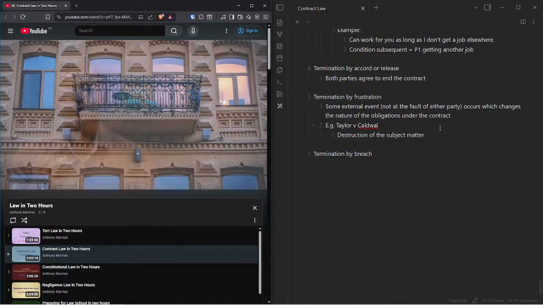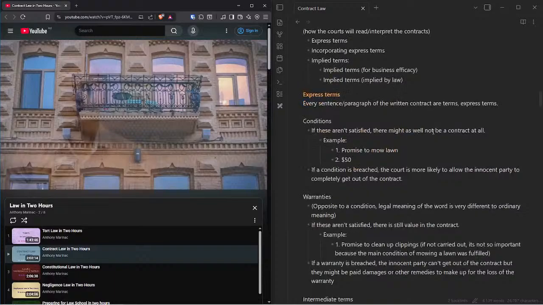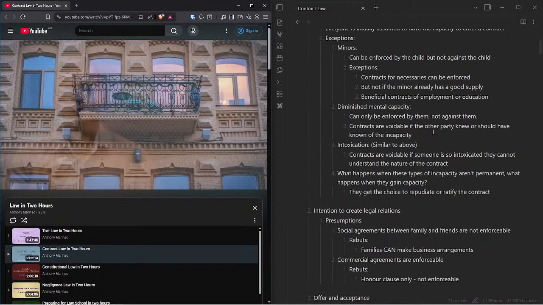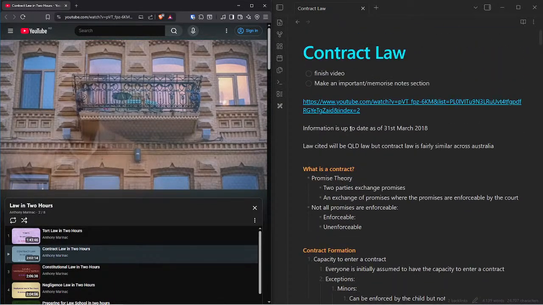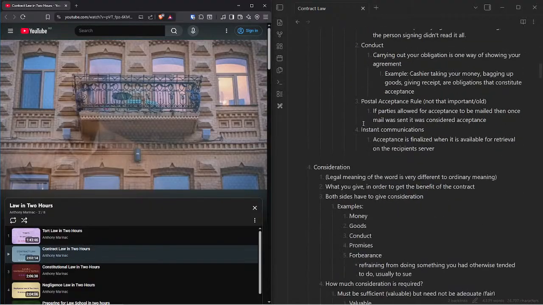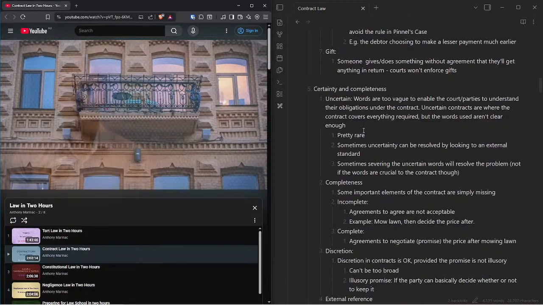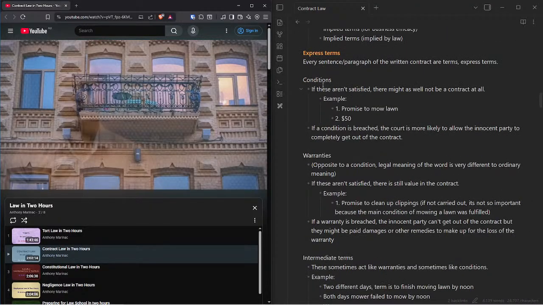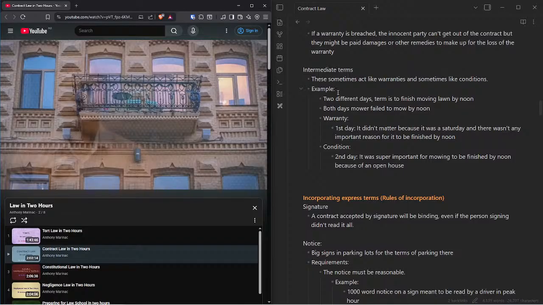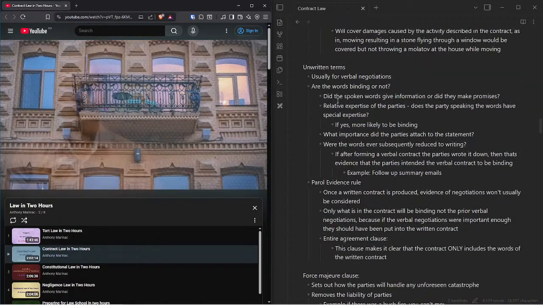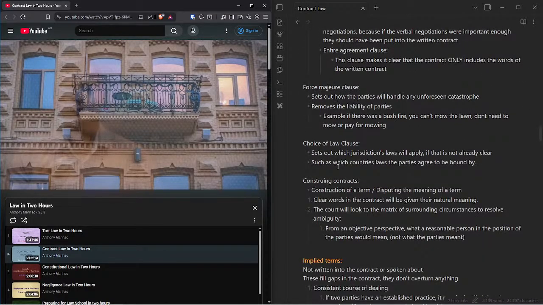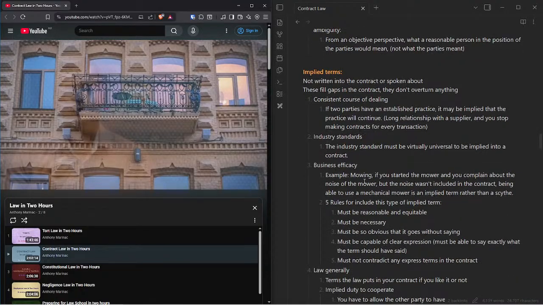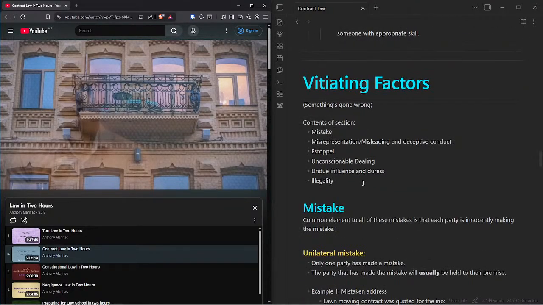Now, watching the coronation was the primary... what is it called? Was it express terms, intermediate terms? What is it called?